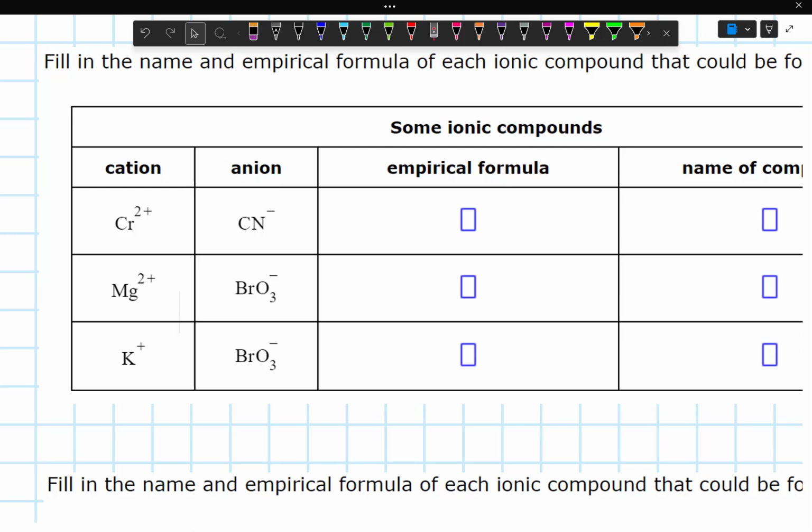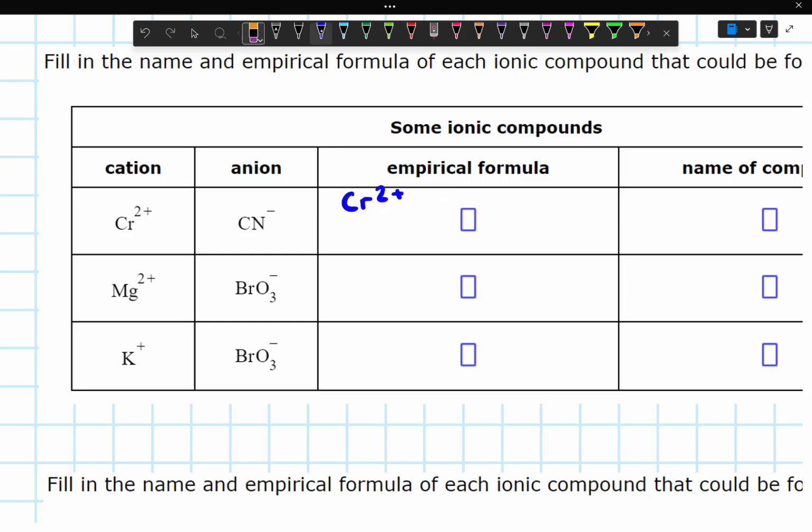Well, the empirical formula is all about matching charges. In order to have a compound, it needs to be neutral. So, that means that the positive and the negative have to cancel out. So a good way of doing this is a little bit of cross multiplication, or maybe not cross multiplication. You'll see.